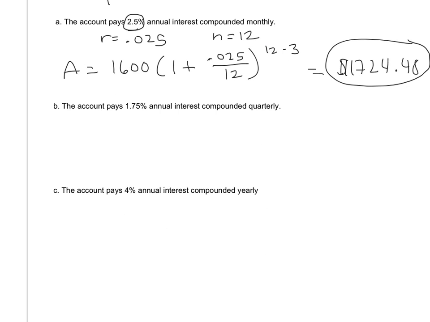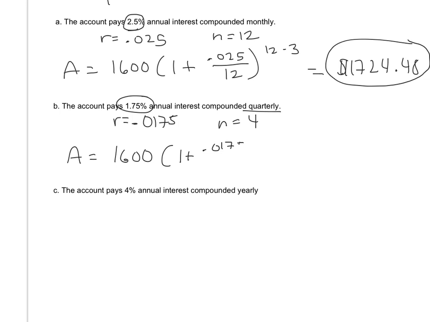Okay, let's try another example. Same initial principal and time, but now we have a rate of 1.75, so 0.0175, and compounded quarterly. So there are 4 quarters in a year, 4 quarters in a dollar, same thing. So the amount in the account will be 1,600 times 1 plus 0.0175 divided by 4 to the power of 4 times 3, because it was still 3 years.